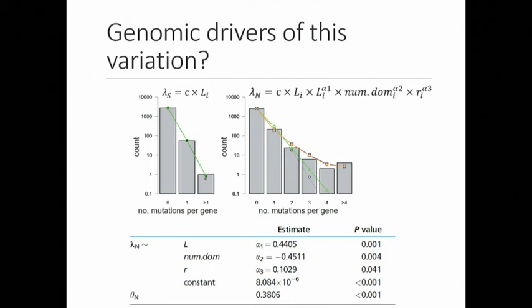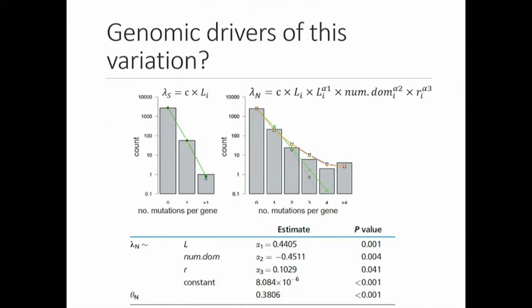If we look at the non-synonymous data set, there are a couple of other genomic variables that come out as significant. Length, again, is important. This is the length component that comes out as driving the mutation rate heterogeneity. But there's some additional importance of length, and I'm not really sure why.